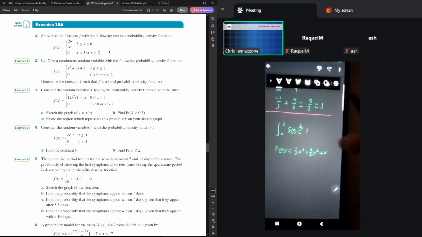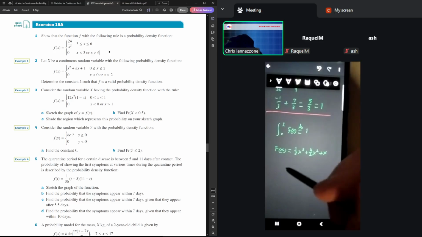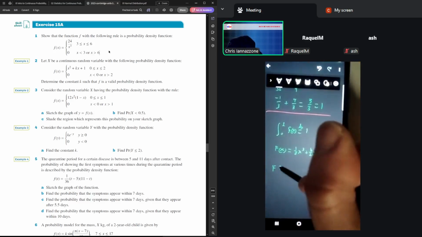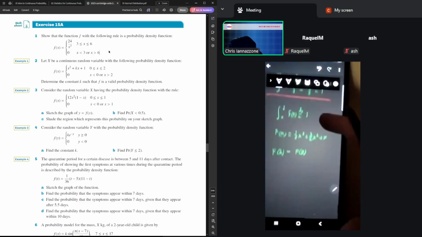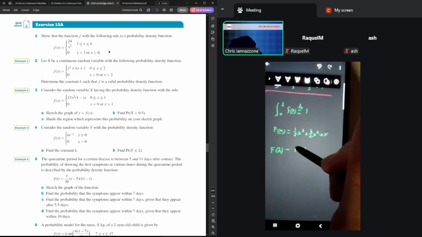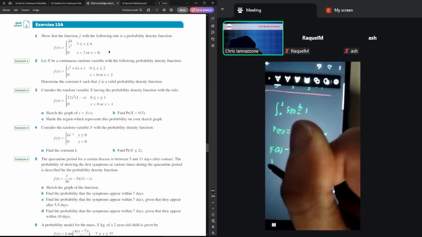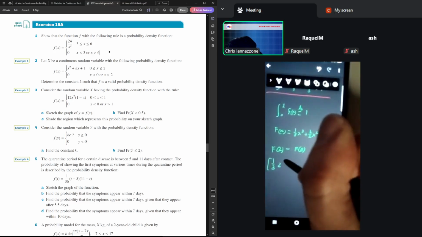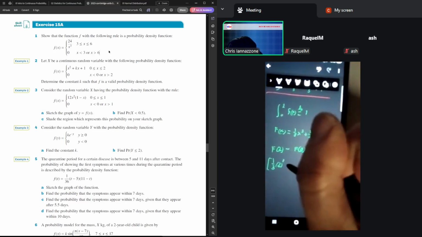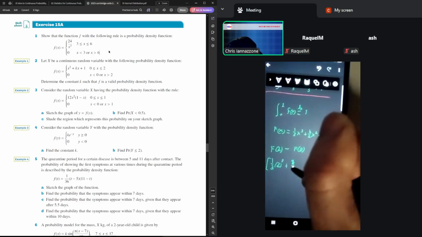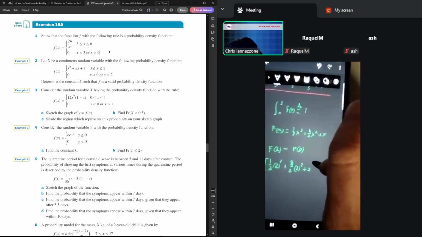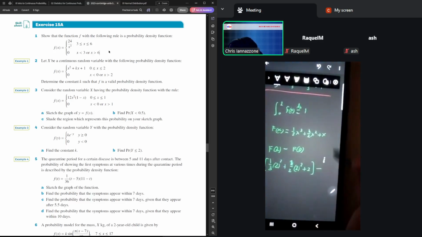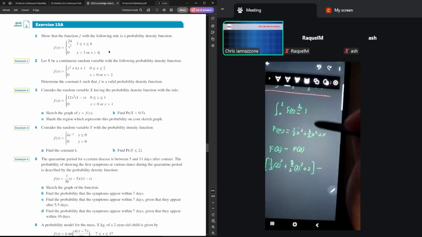From there, our integral bounds are from 0 to 2, so we are doing capital F of 2 minus capital F of 0. That's going to give us a third 2 cubed plus k on 2 squared plus 2, minus capital F of 0. That's going to go to 0.